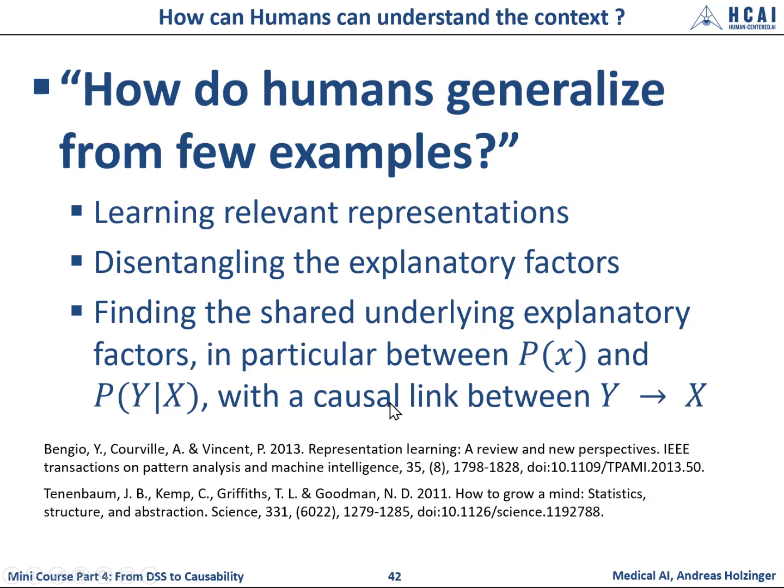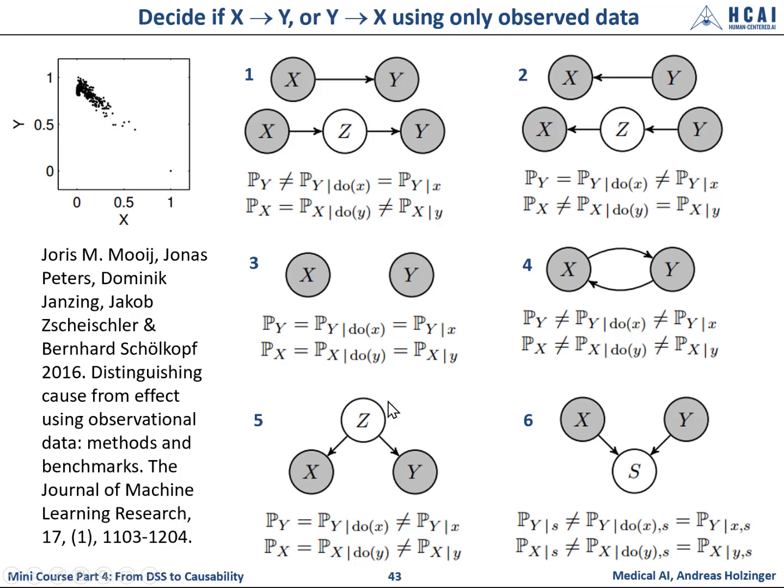And how can we deal with it in artificial intelligence? We need causal relationships with these diagrams, for example these graphical models. In case 1 here, X causes Y, and in case 2, Y causes X, but there could be a hidden confounder Z. This explains an unobserved dependence. In case 3, X and Y are completely independent. And in case 4, there is a complete dependence, a feedback relationship.